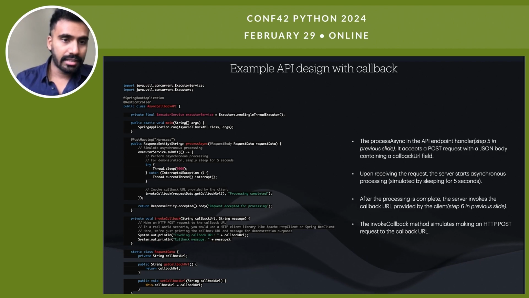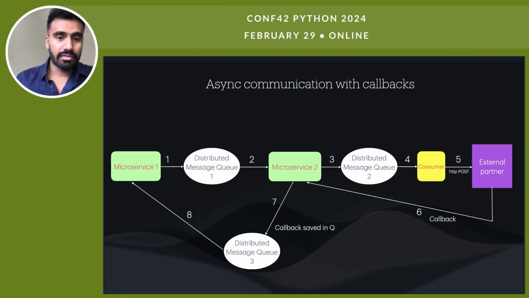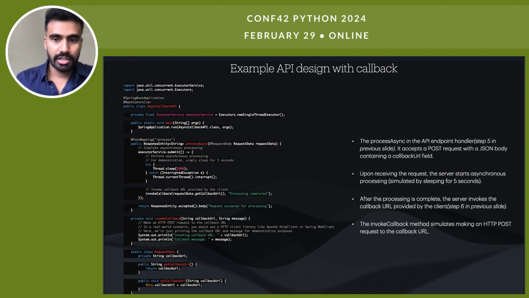Inside process async, invoke callback gets the callback URL, like request data.get callback URL, and invokes it. When this invoke callback is done, it actually calls microservice 2 here. So that's what I mentioned in the third point. After the processing is complete, the server invokes a callback URL at step number 6 in the previous slide.